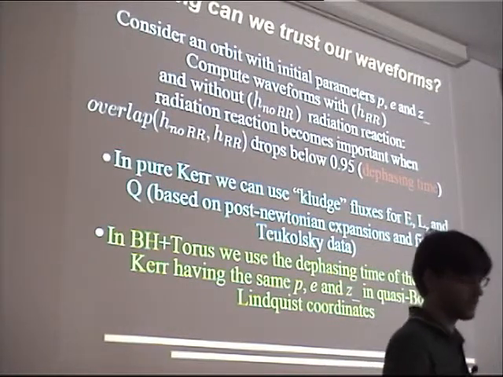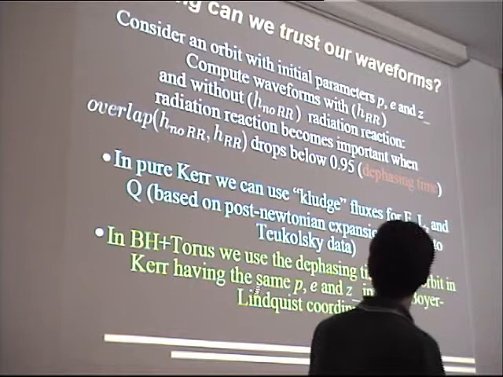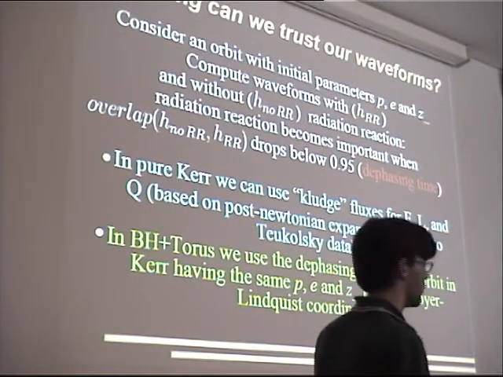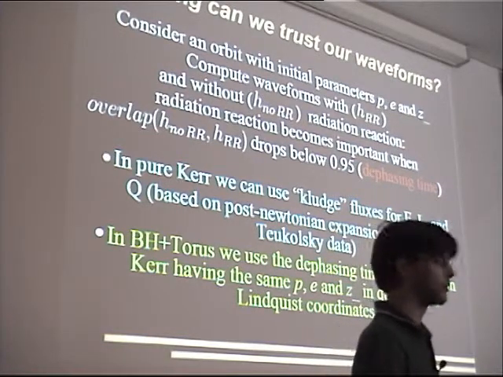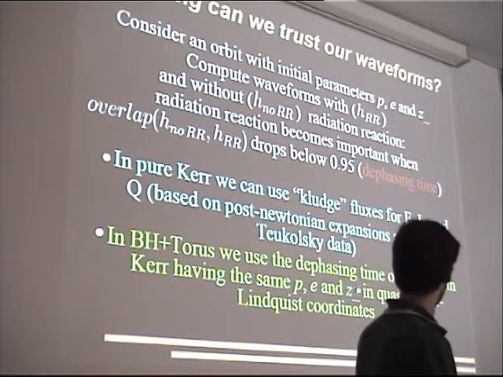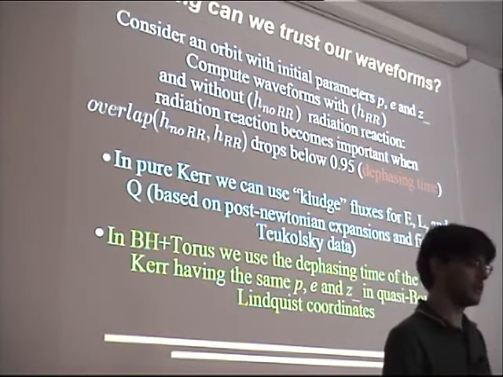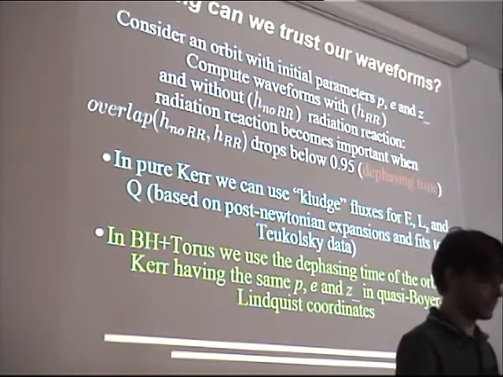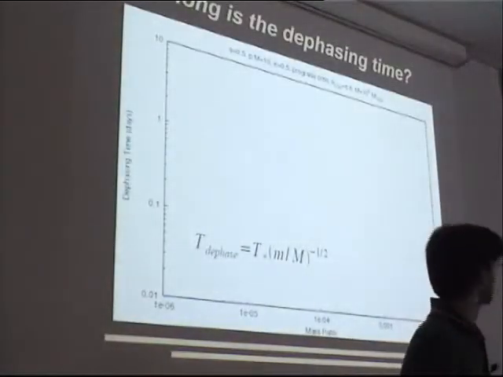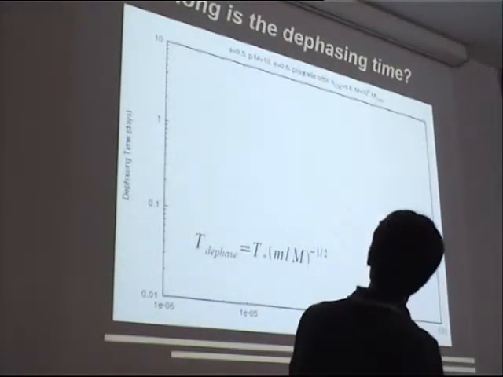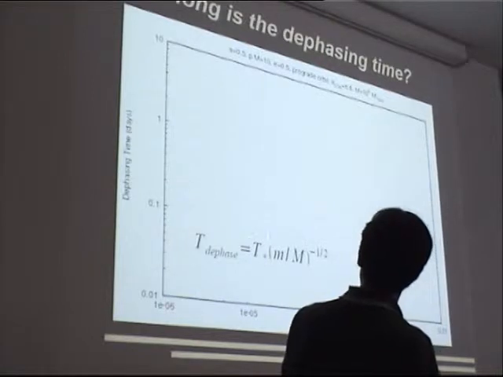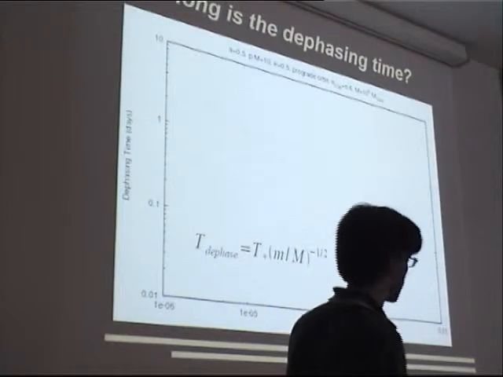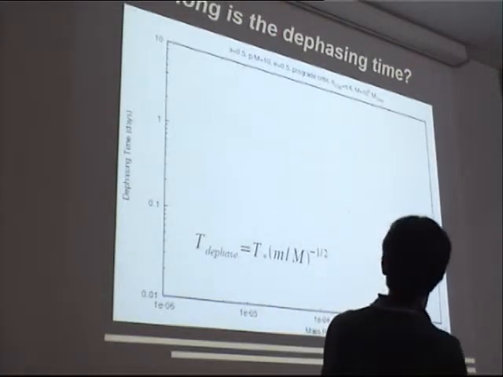That is, if we have an orbit having parameters P, E, Z minus in quasi-Boyer-Lindquist coordinates in our black hole plus torus spacetimes, we pick up the dephasing time of the orbits having the same P, E, and Z minus in a Kerr spacetime. So one expects, probably you cannot see the figure, that the dephasing time is proportional to 1 over the square root of the mass ratio, and this, in fact, we checked.